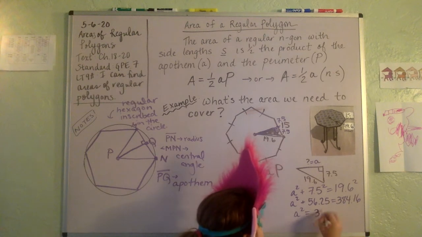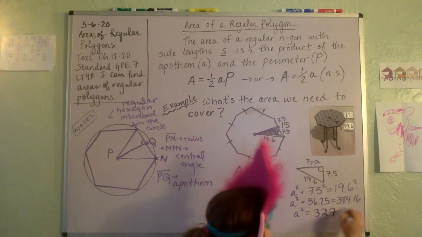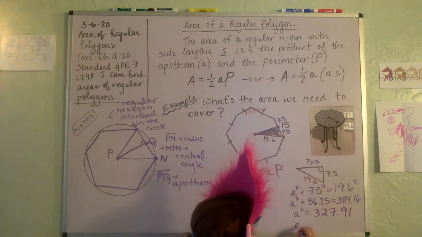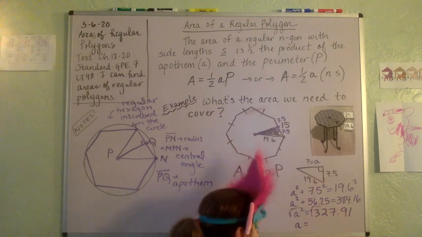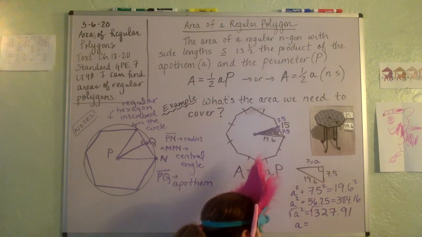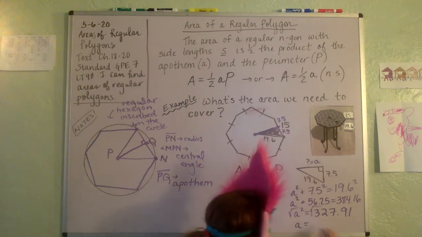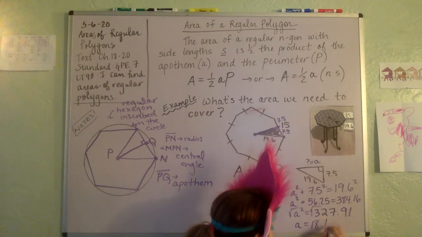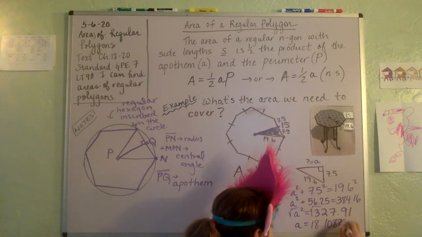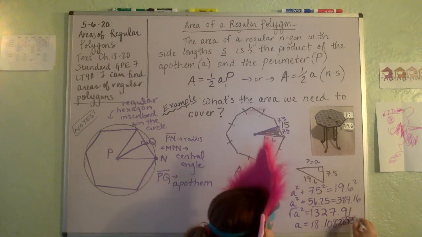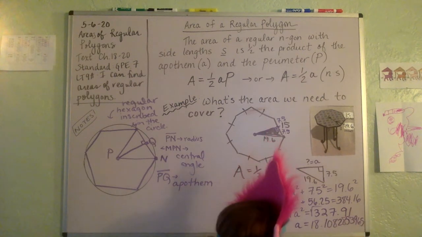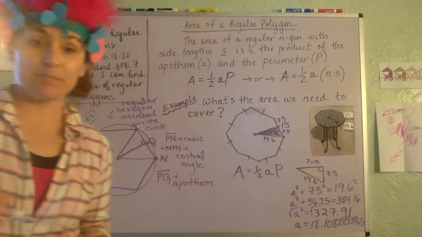And I think we get 327.91. Okay, and then of course if we square root both sides, the square root of the 327.91, I get 18.1028235965, okay, and that is the apothem.